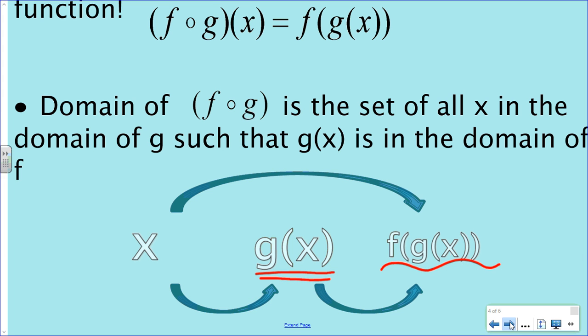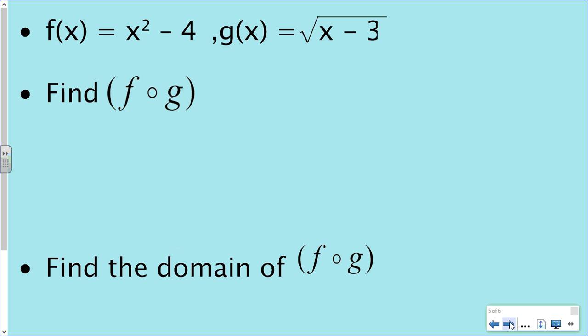All right? So why don't you go ahead and write down these two functions for me, please.